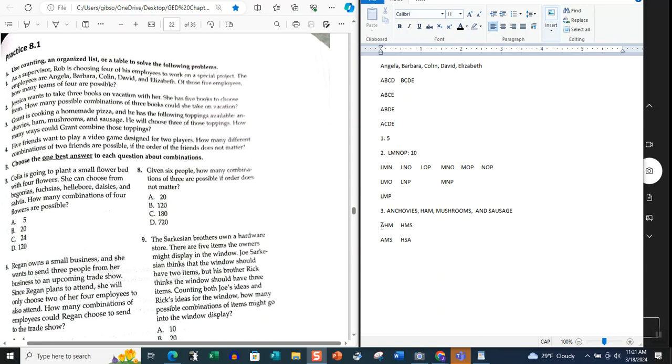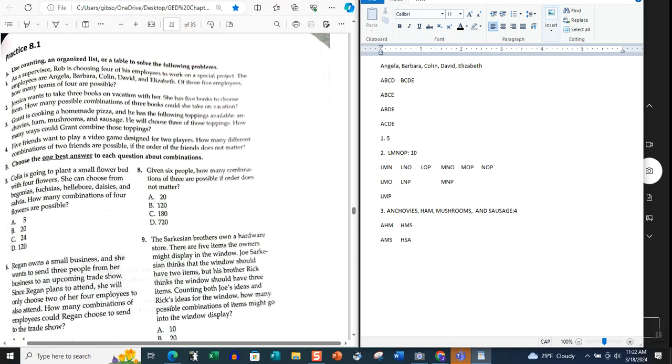If you see here, we got anchovies, ham, mushrooms. Then we have anchovies, mushrooms, and sausage. We have ham, mushrooms, and sausage. And we have ham, sausage, and anchovies. These are the only combinations, and your answer here would actually be 4. There's only 4 combinations that you could use.